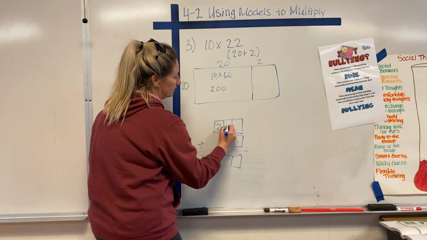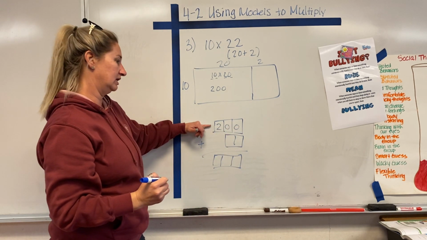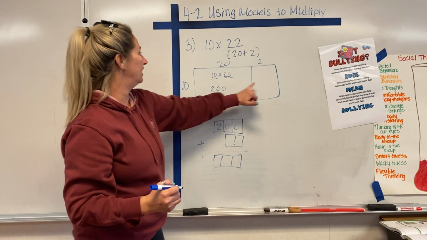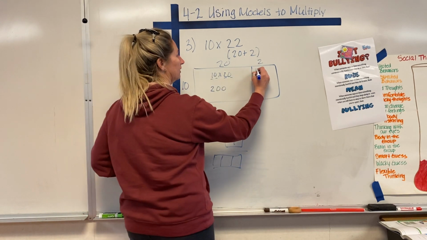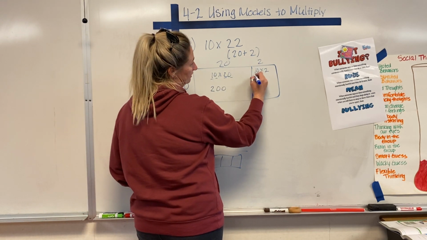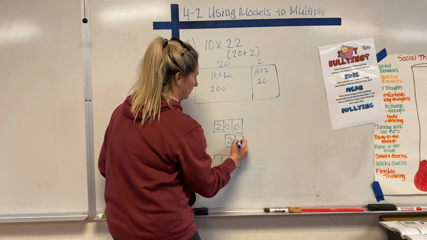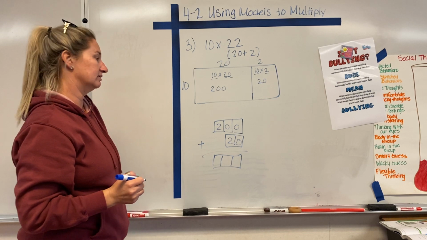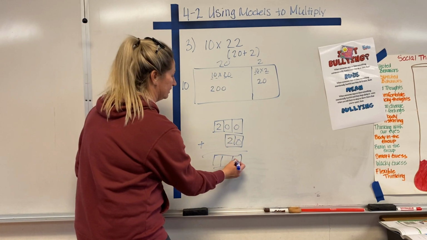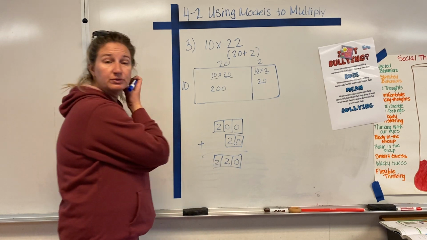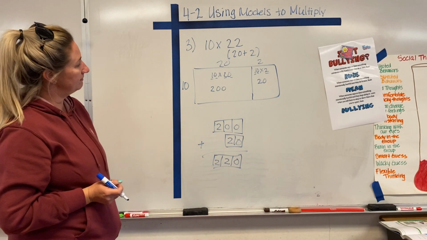So that'd be 200 that goes in the first set of boxes. And then the second one is 10 times 2. And so that's 1 times 2 is 2 and 1 zero. So that's 20 in the second set of boxes. And then you just add them up, your ones, your tens, and your hundreds. And you get 220. Okay?